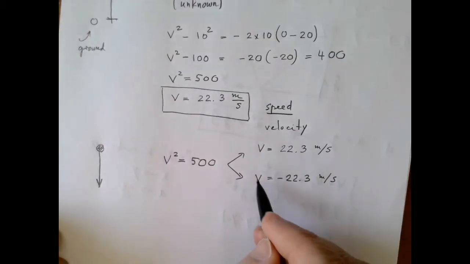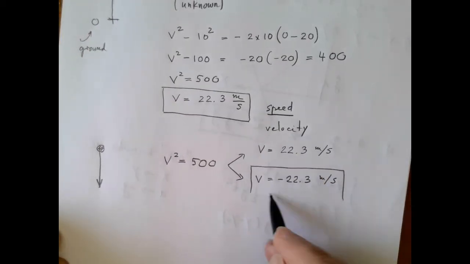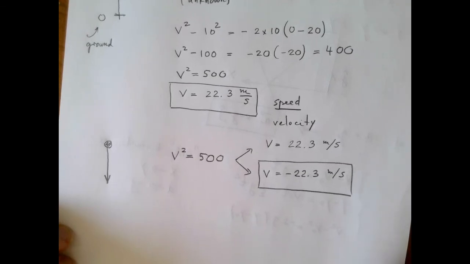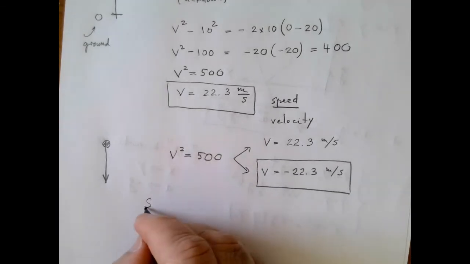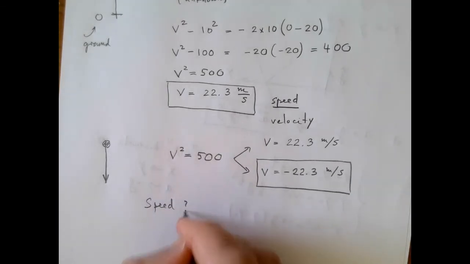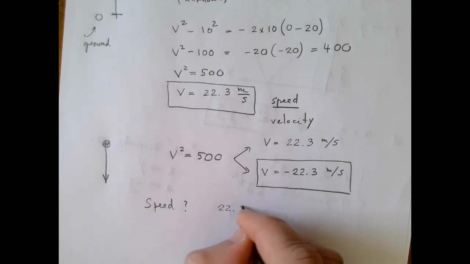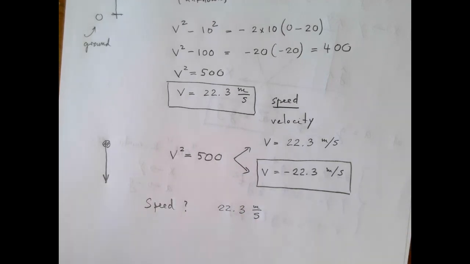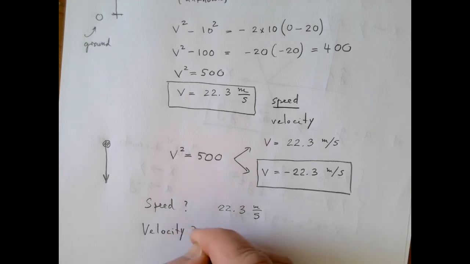And in this problem, we should have selected this. So if the question is what is the speed, the answer will be 22.3 meters per second. If the question is what is the velocity, we'll say negative 22.3 j.